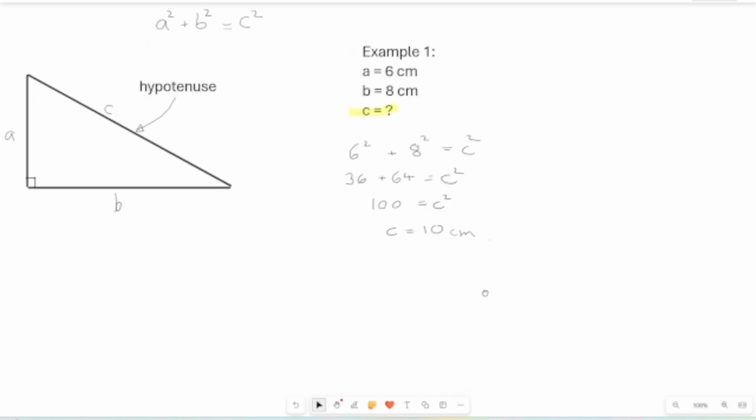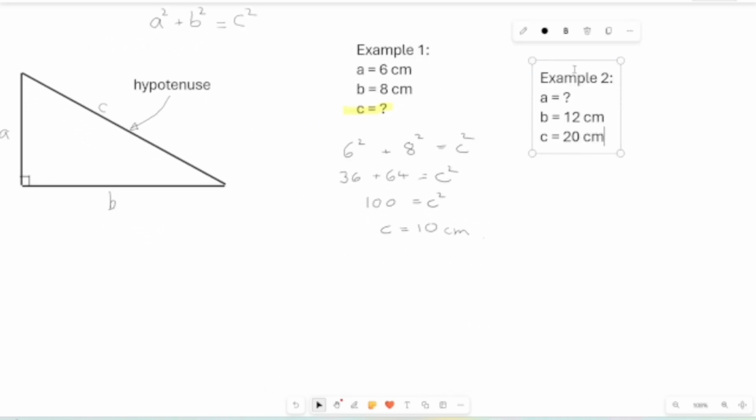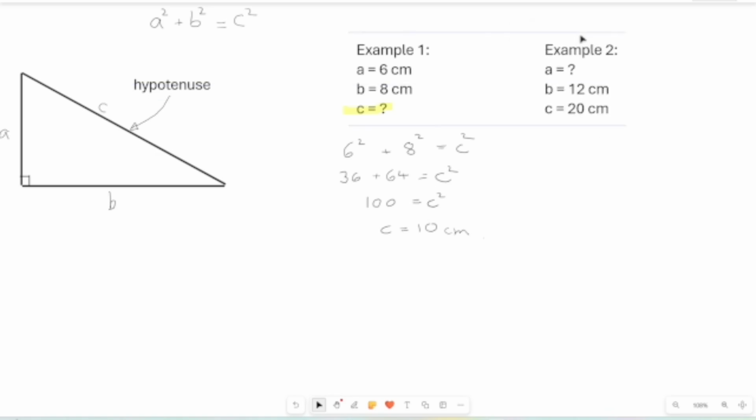Here's another example. In this one, we want to find the length A. We don't know what A is, but we do know that B is 12 centimeters and C, the longest side, the hypotenuse, is 20 centimeters.